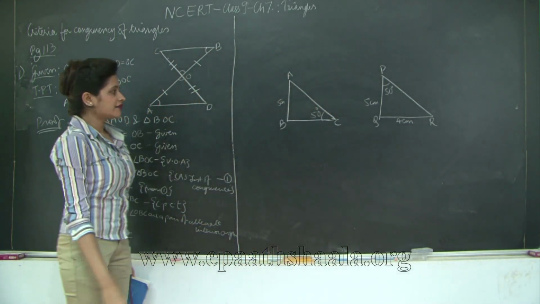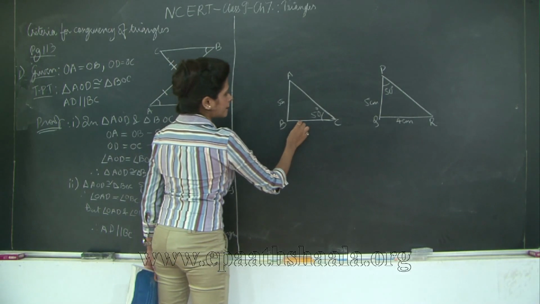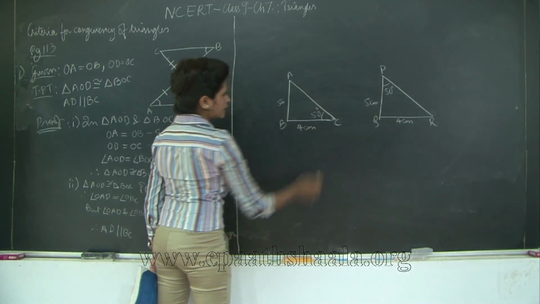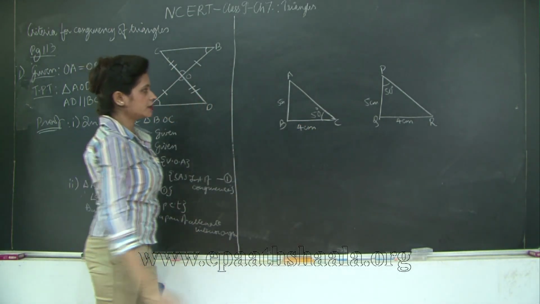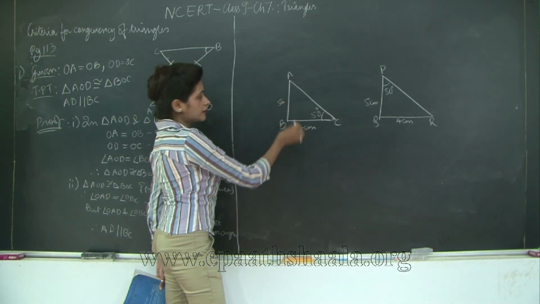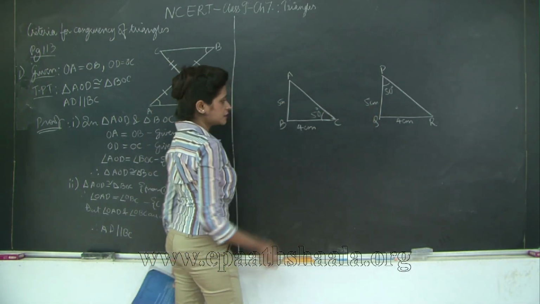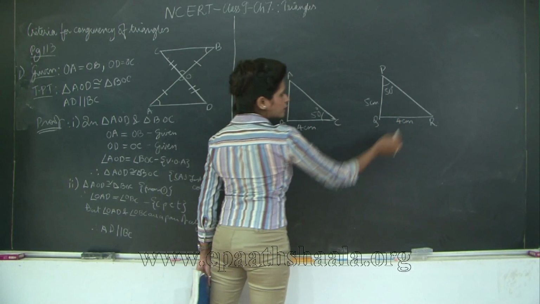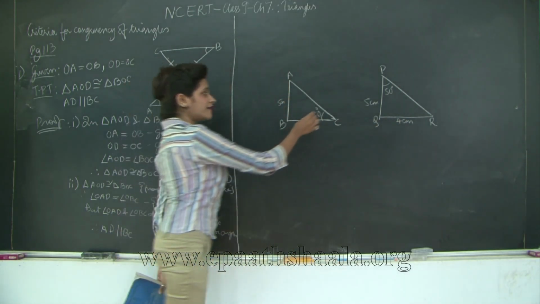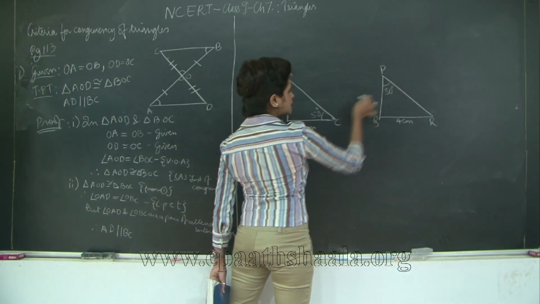So, what do I have is two triangles over here where the sides are equal. If you see 5 centimeter here and 5 centimeters here, 4 centimeter here and 4 centimeters here. Also you have one angle that is congruent, that is 50 degree here and 50 degree here.